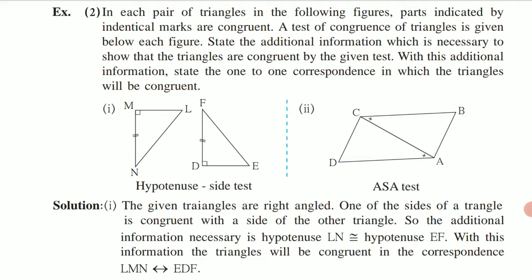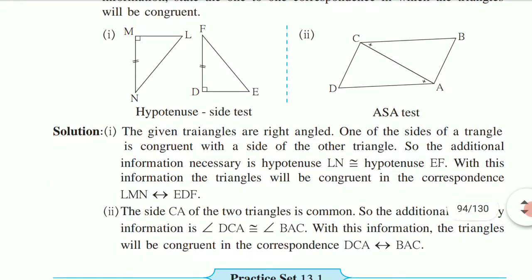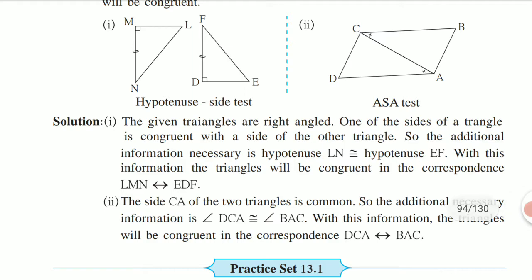With this additional information, state the one-to-one correspondence in which the triangles will be congruent. There are two figures, figure 1 and figure 2. In the first figure, the hypotenuse side test, and in the second figure, the ASA test.